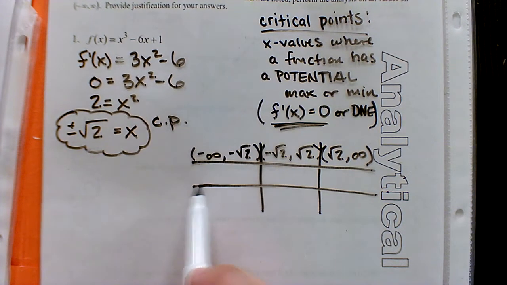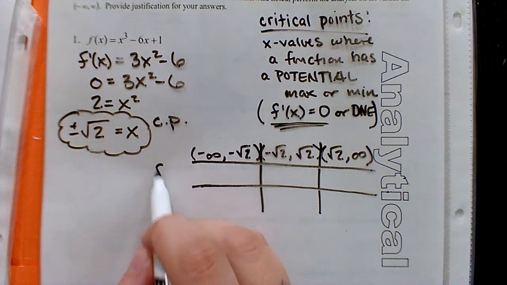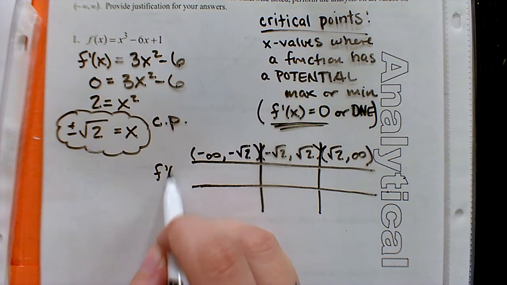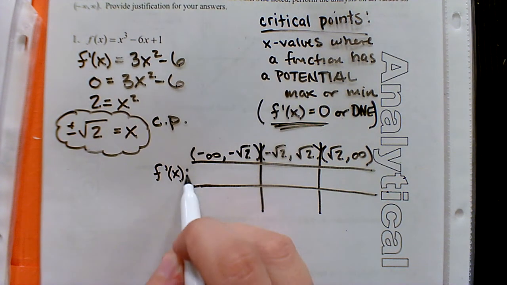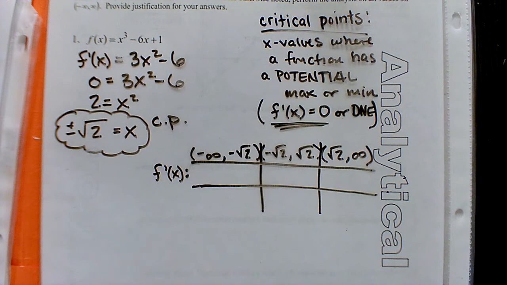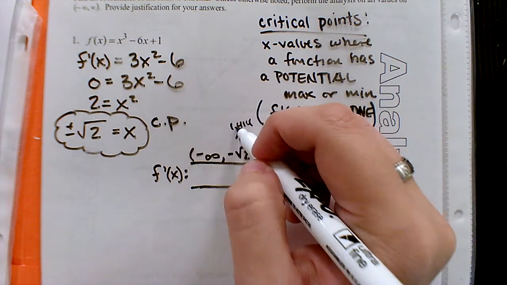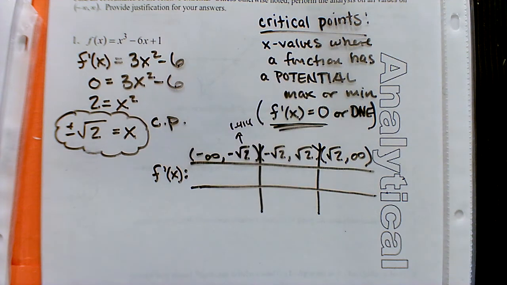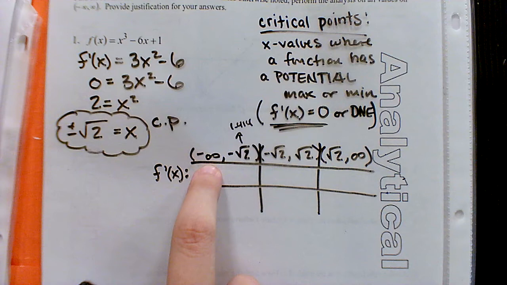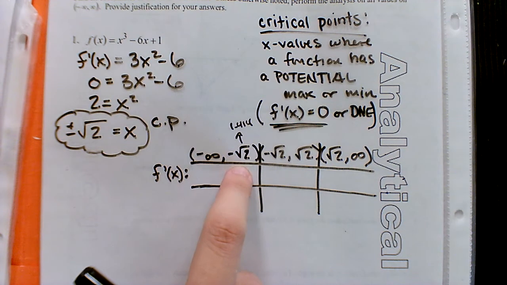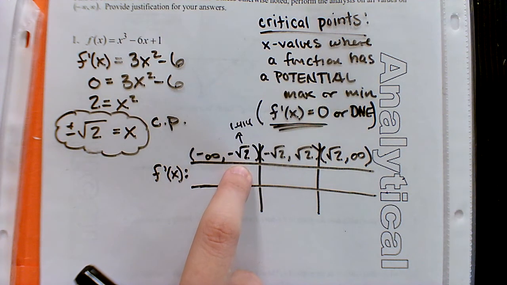All right, so now that we have these intervals, we're going to figure out what the derivative or slope is doing on those intervals. So in your head, the square root of 2 is like 1.414, I think. Pick any number you want between negative infinity and negative 1.414, preferably something easy.